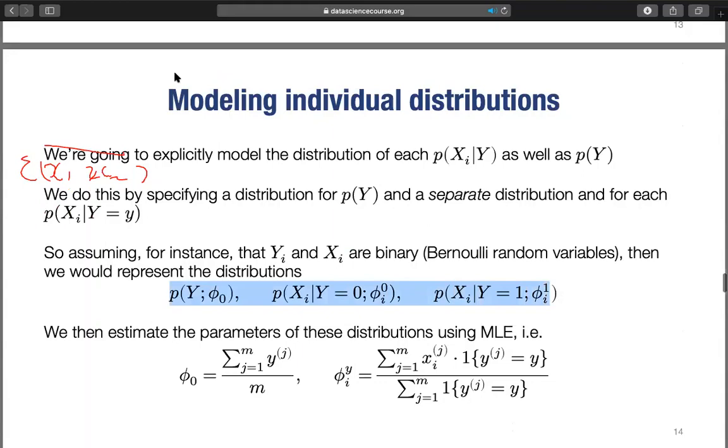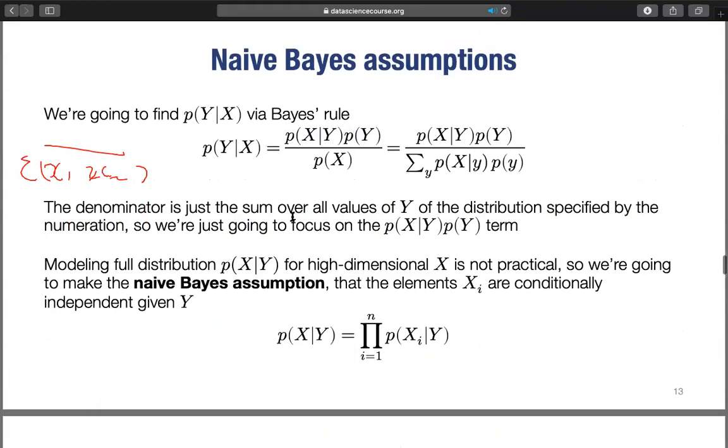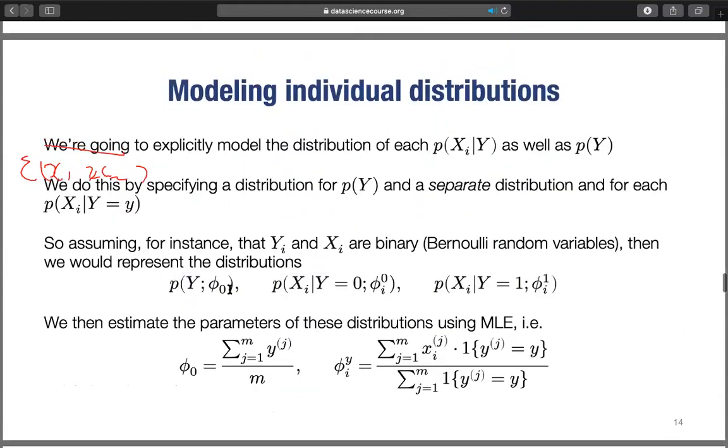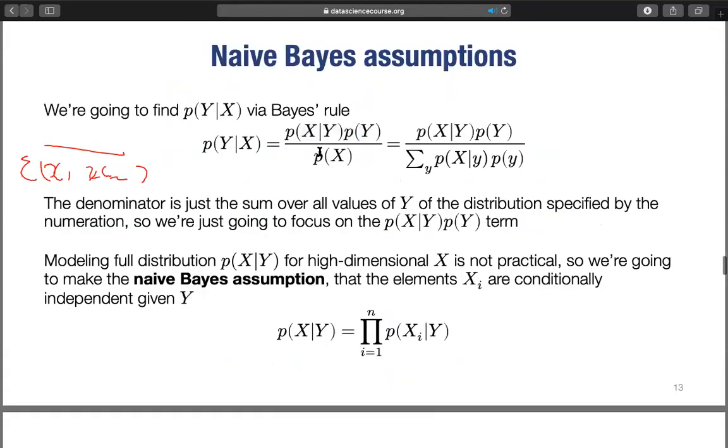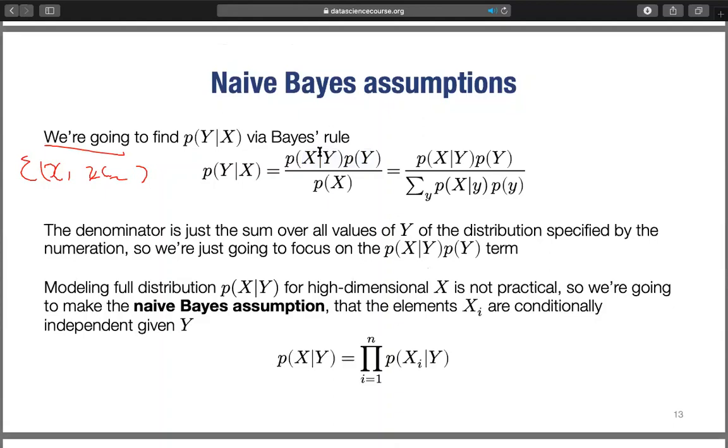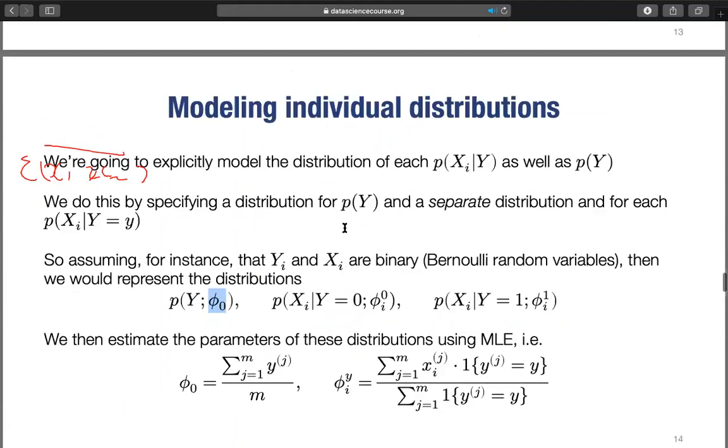Let's take this first. We are saying that the probability of y, if you parameterize it here, is going to be the probability of y parameterized by phi of 0. And then for x, you can have x where y is equal to 1 and y is equal to 0, meaning we have to also take that into account.